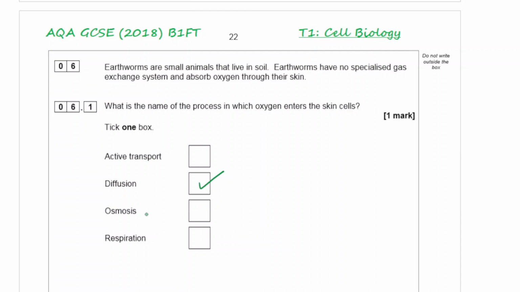Remember, osmosis is just to do with water, and active transport is to do with everything else except water, but it's against a gradient. Diffusion is down a gradient, from more to less, whereas active transport is up or against a gradient. And respiration has nothing to do with transport here.